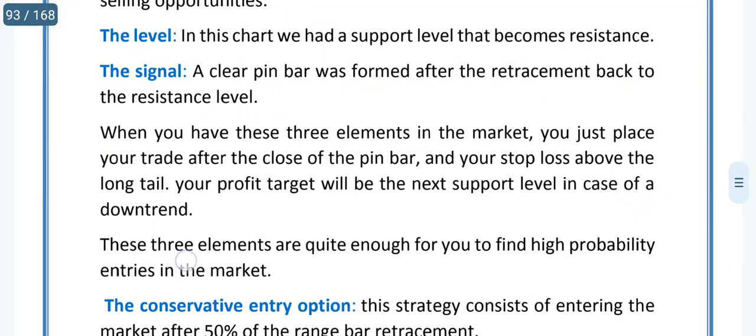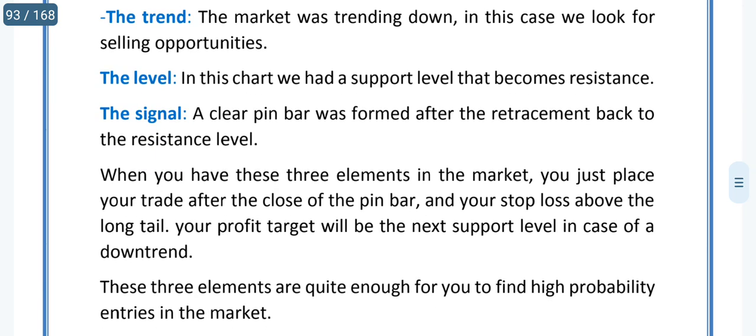Another factor that we based on is the level, and in the chart we had a support level that becomes the resistance level. And another factor that we based on is the signal. A penny bar was formed after a retracement, a pullback from the resistance level.